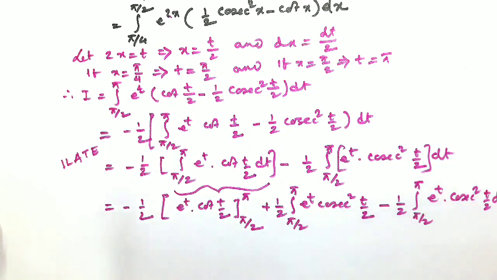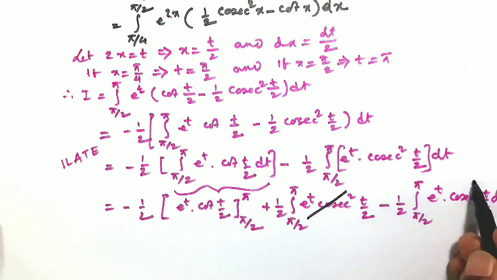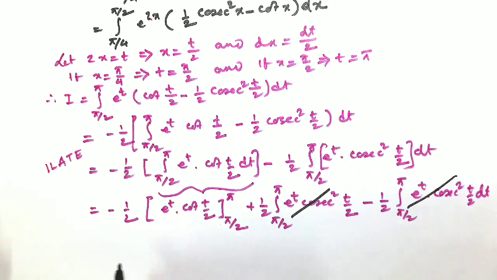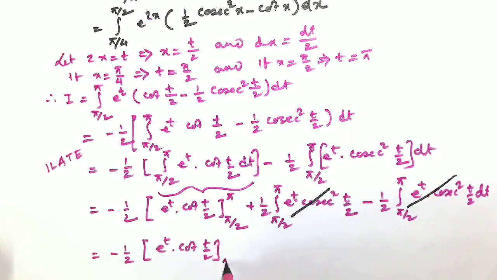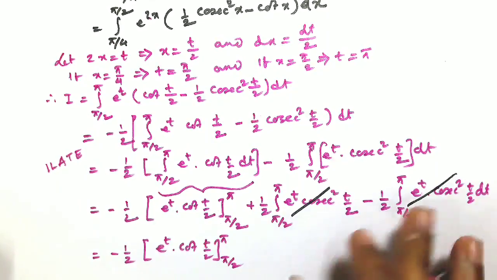Now see that these two parts are the same, so we can cancel this one and that one. So the remaining part is now minus half e to the power t cot of t by 2, limits from pi by 2 to pi.